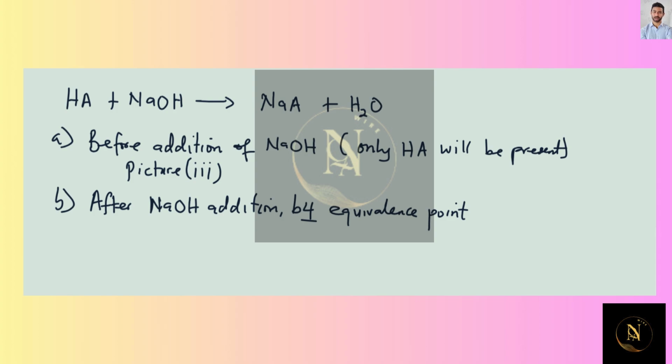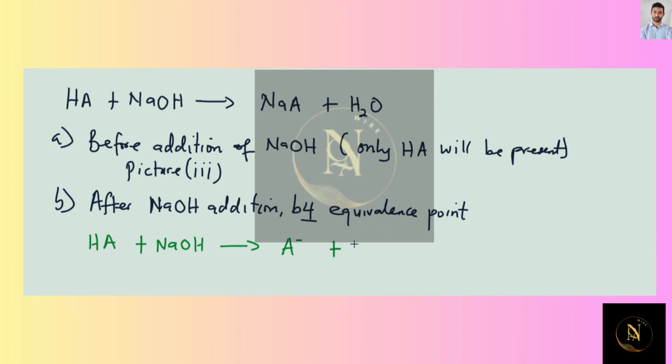So if you're adding the NaOH, the NaOH will be neutralized to produce, let me just write it out here. So you have HA and you're adding NaOH. So you should form A minus, because we're told in this question that the sodium ion and water molecule are ignored, with some HA, because this is before the equivalence point.